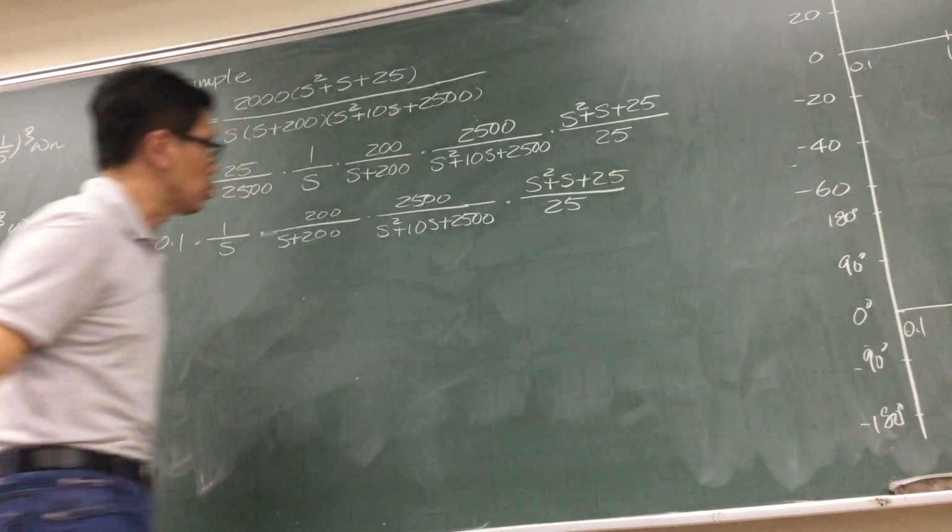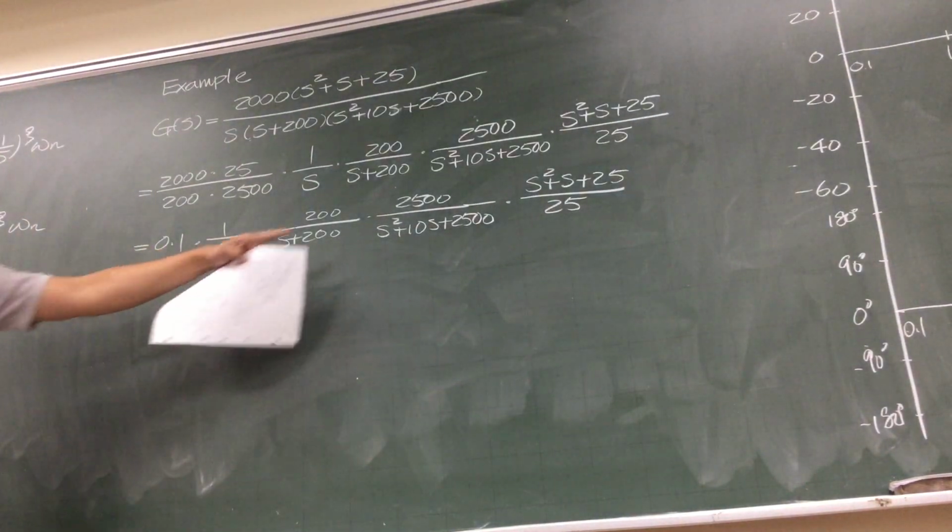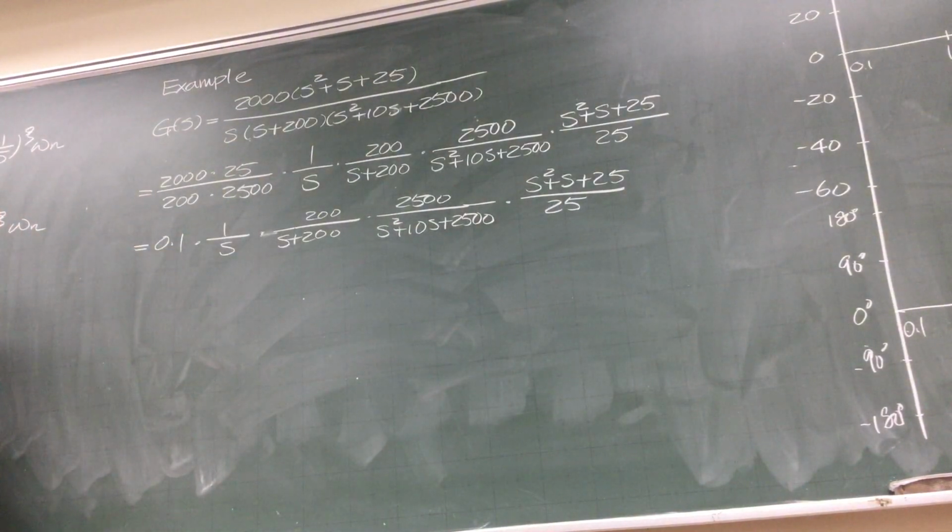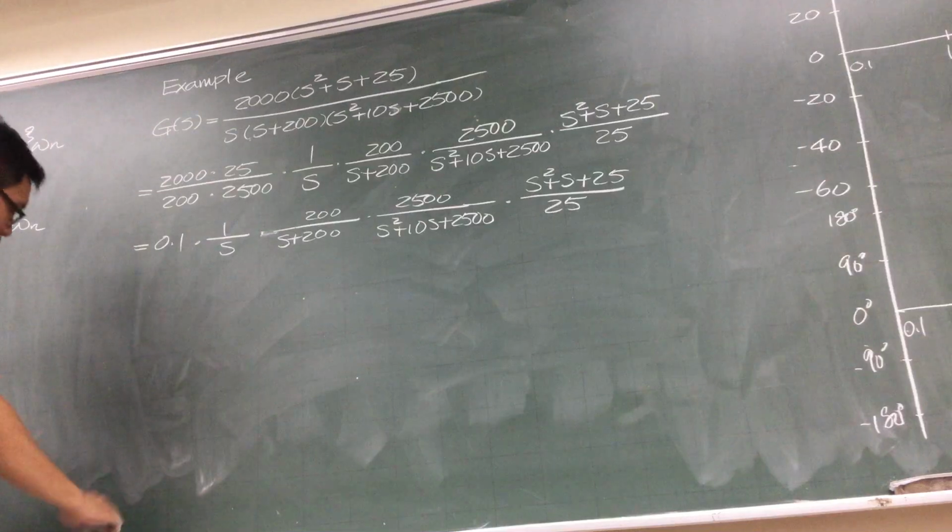Okay, so how many parts will I need to deal with? 1, 2, 3, 4, 5. Based on your understanding, your professor here is very lazy. So I don't want to deal with 5. I just want to deal with 4. So I'll combine those two together.